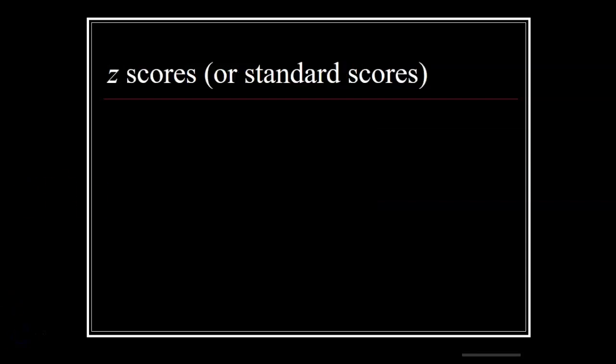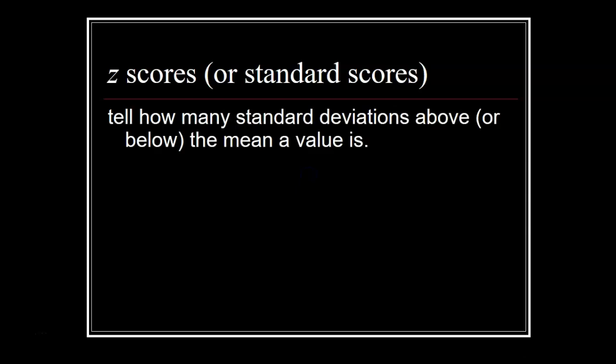So the first measure of position that we're going to be talking about is what's called Z-scores or standard scores. They tell how many standard deviations above or below the mean a value is.